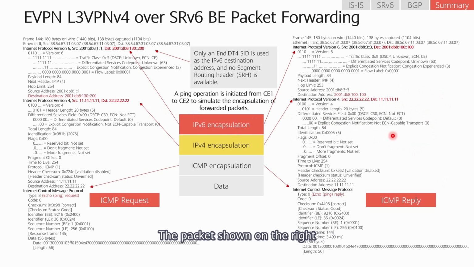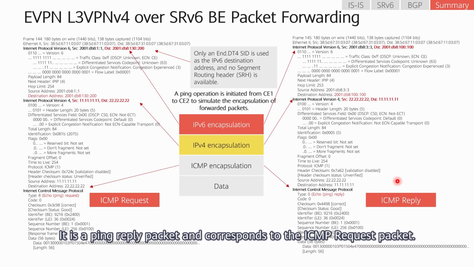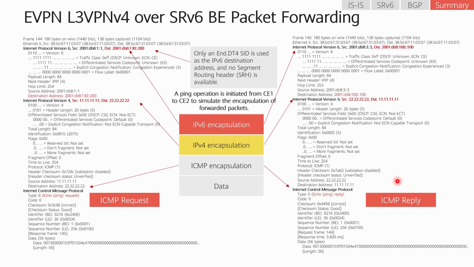The packet shown on the right is an ICMP reply packet sent from CE2 to CE1. It is a ping reply packet and corresponds to the ICMP request packet. In response to the ICMP request packet, CE2 generates an ICMP reply packet and performs common IPv4 encapsulation for it.